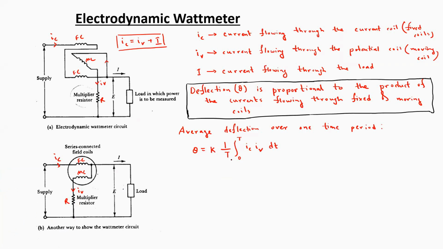So the average deflection can be considered in terms of the product of the two currents through the fixed coil and the moving coil, integrating them within one time period and then dividing by the time period to take their average. K is the constant; it can be said that it is the instrument constant.